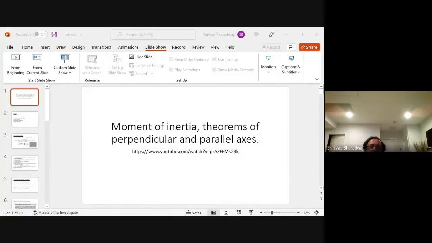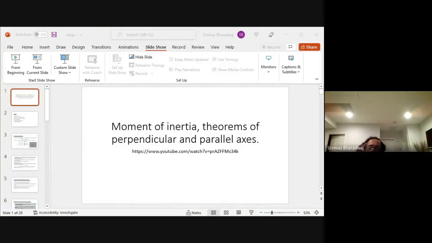So r square is just r square. R square times 2 pi r dr times rho. This is at a given distance r, a thin ring, so its moment of inertia, as you know, is mr square. So 2 pi r dr times rho gives you the m, and the r is r square.